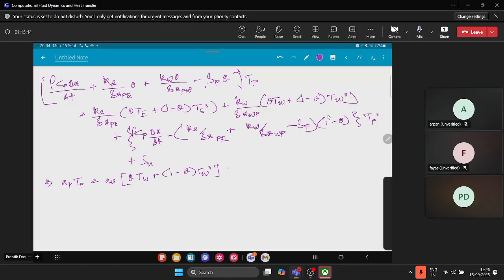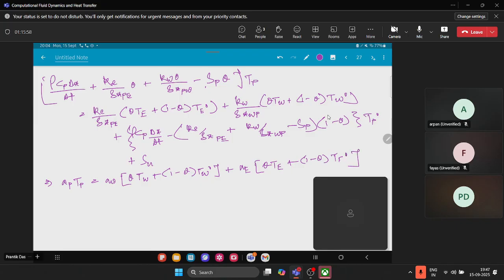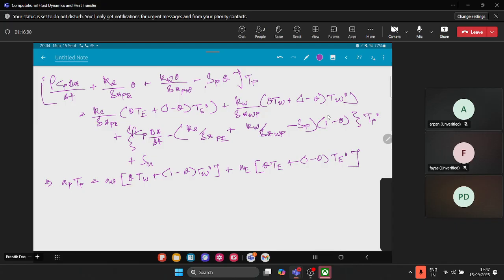So I am again going to the coefficient format from the point of view of coding. Plus 1 minus theta TE naught, AP naught TP naught, AC.